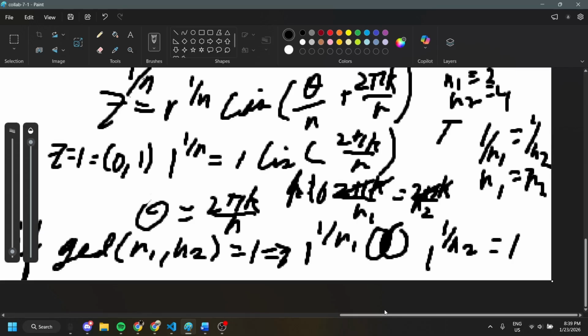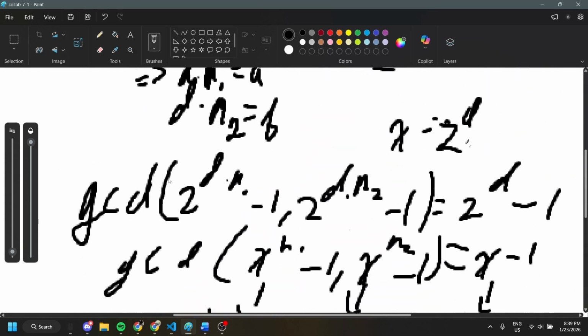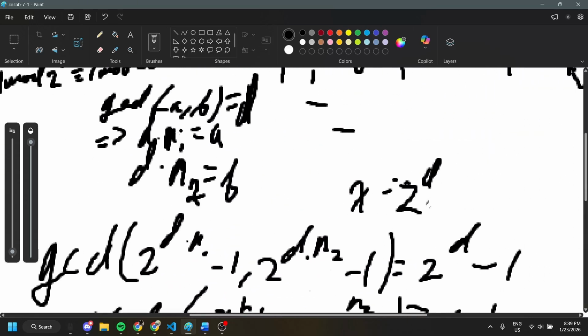Oh, and also I've been thinking, we know they're coprime because they're defined that way. They're defined by a over d and b over d, and a over d and b over d are coprime. So we do know that the GCD of n1 and n2 do equal 1.